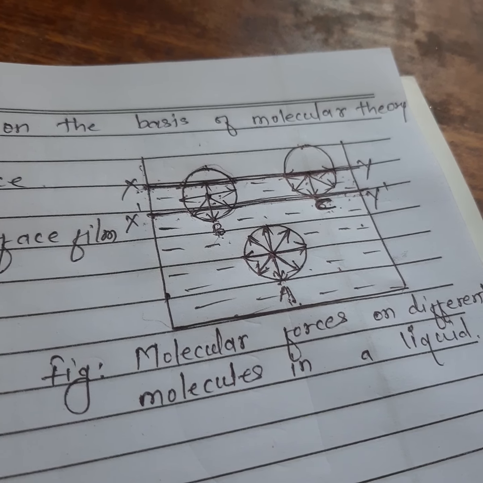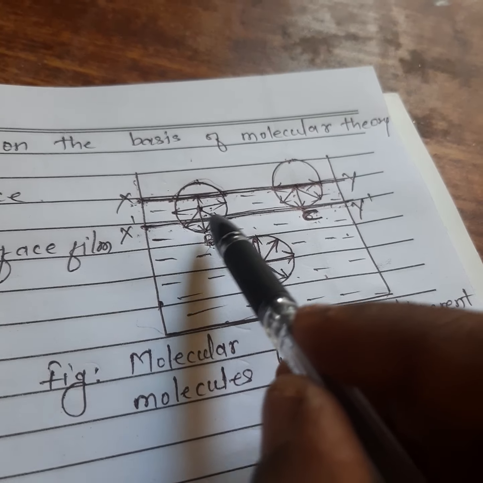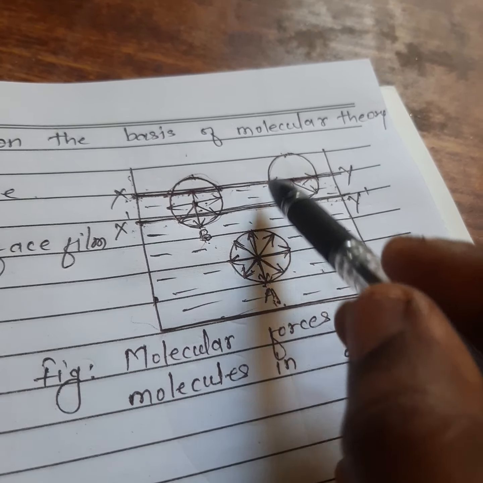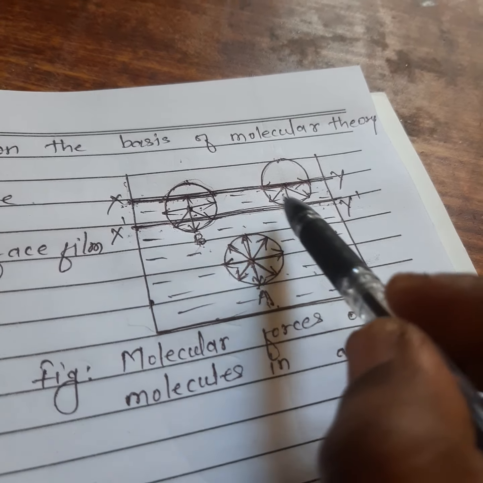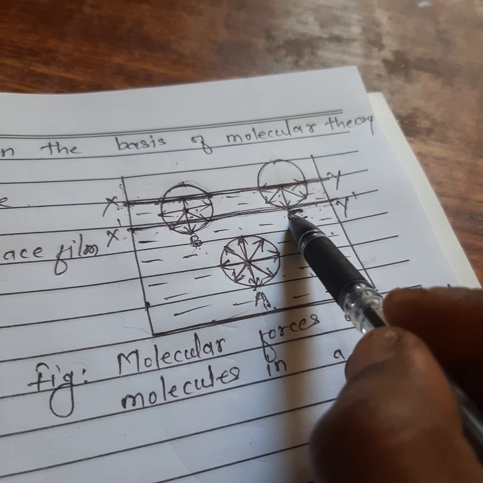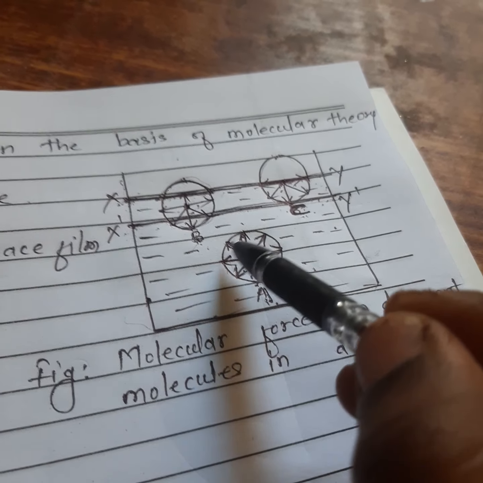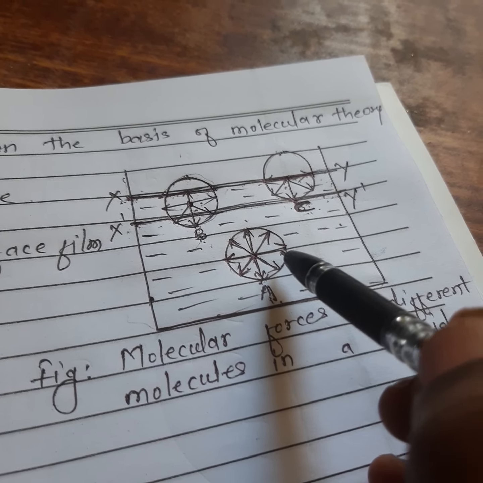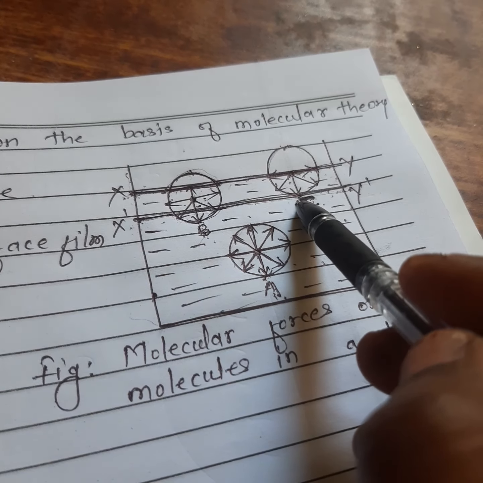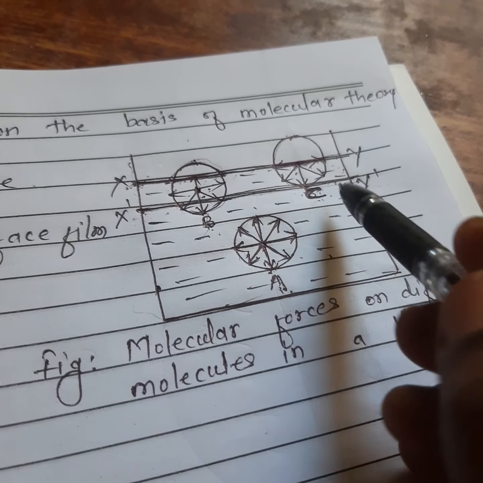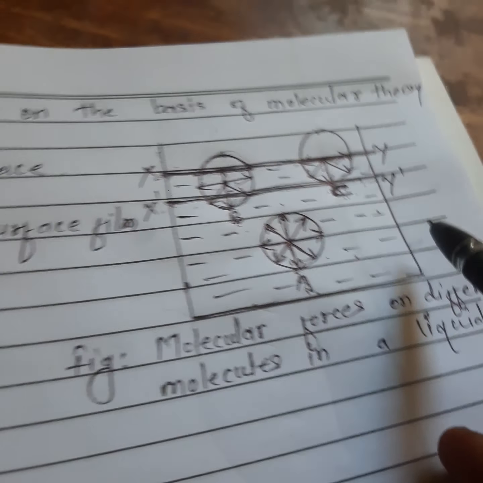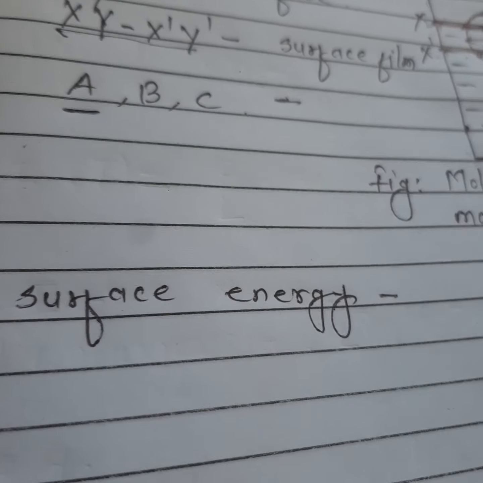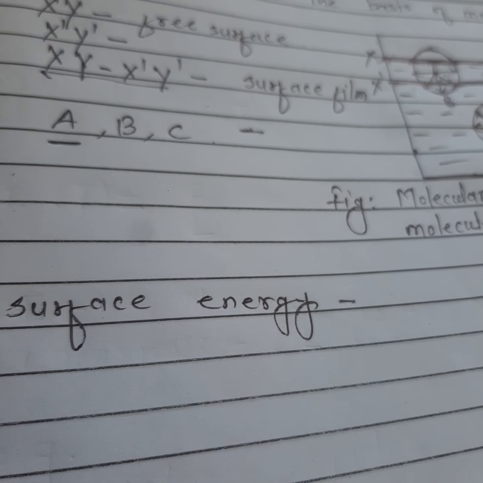It is clear that the molecules which are in the surface film have more potential energy than the molecules inside the liquid, and this potential energy is known as surface energy of liquid.